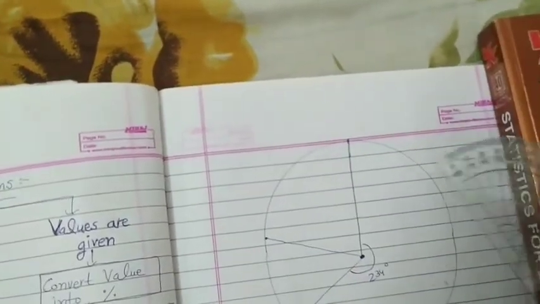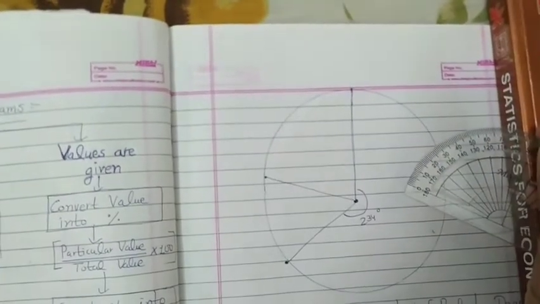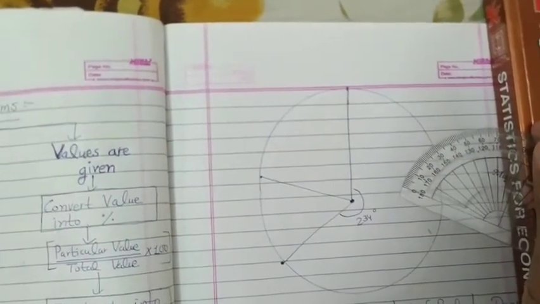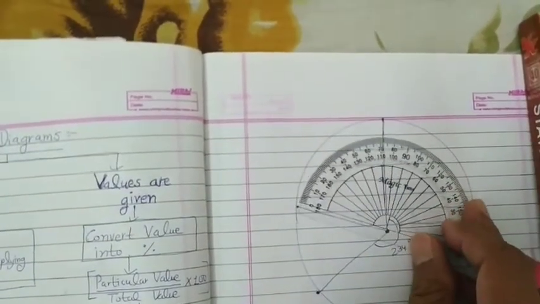Okay, next is 43.2 degree. Now it is not possible to make a degree of 43.2, so you can round it off. 43.2 means 43.